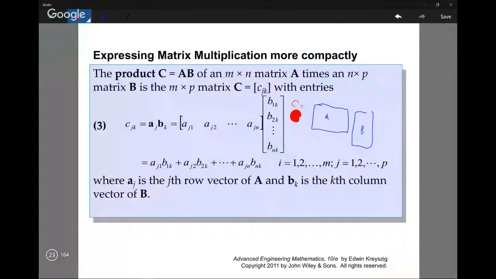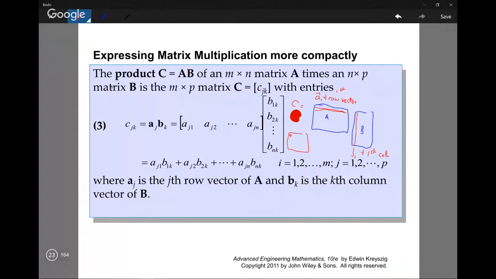It can be viewed as taking the first row here and the first column here. So the 1,1 element of C is the dot product between A1, the first row vector, and B1, the first column vector.